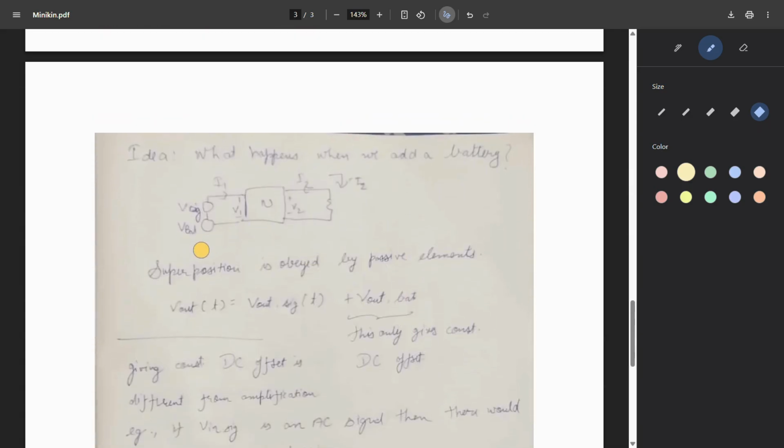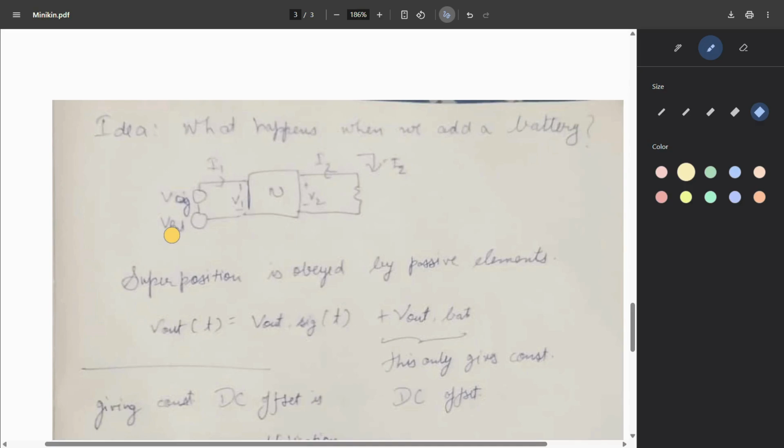So the next thing is we add a battery. A battery is added here, and the whole circuit is the same as we used in the previous example, but the new thing is we add a new battery. Adding a battery also does not change things. Only what would change are the passive networks, for which we all know superposition.